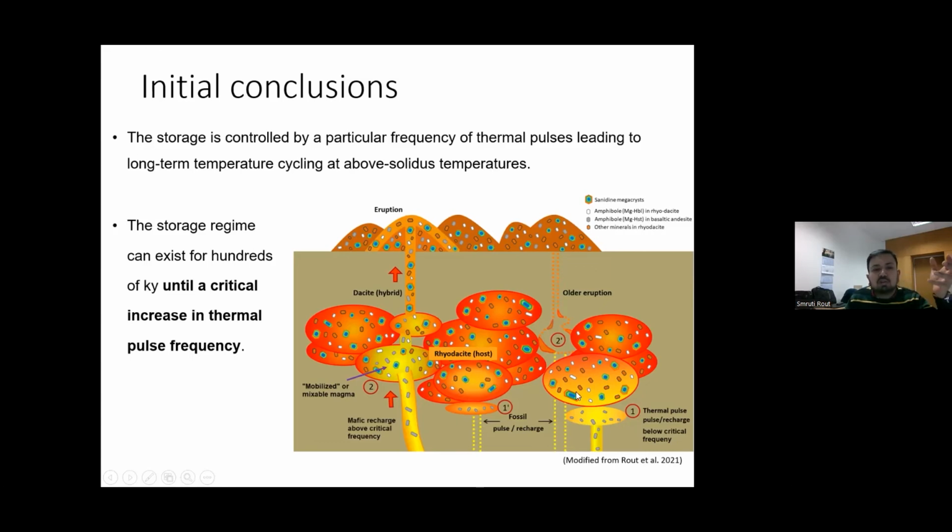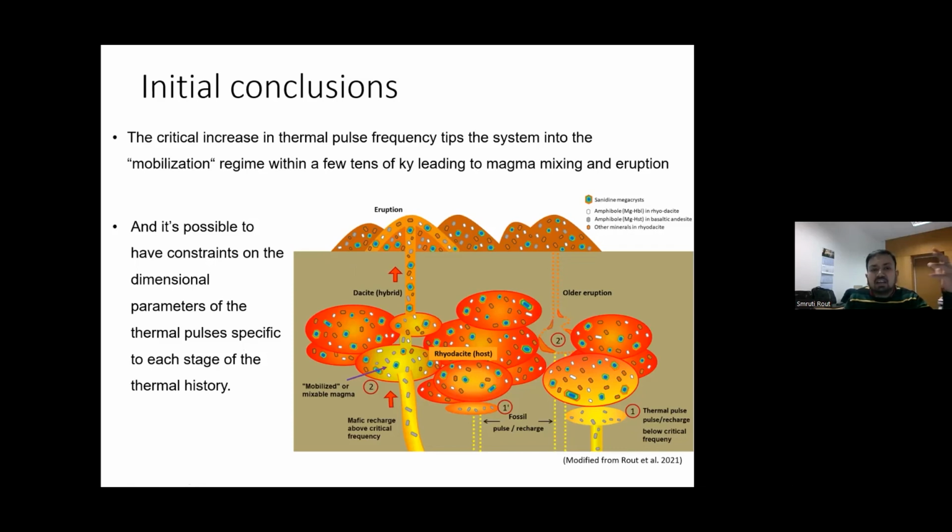And the storage regime can exist for a long time until there is a critical increase in the thermal pulse frequency. And when that critical increase happens, then the system is tipped into the mobilization regime, and that happens within a few tens of kiloyears, and that then leads to the production of melt-rich magma, and then magma mixing.